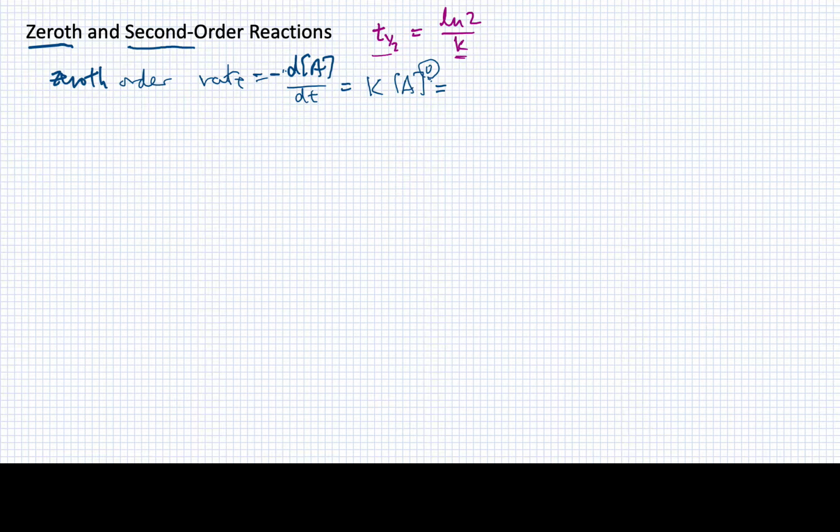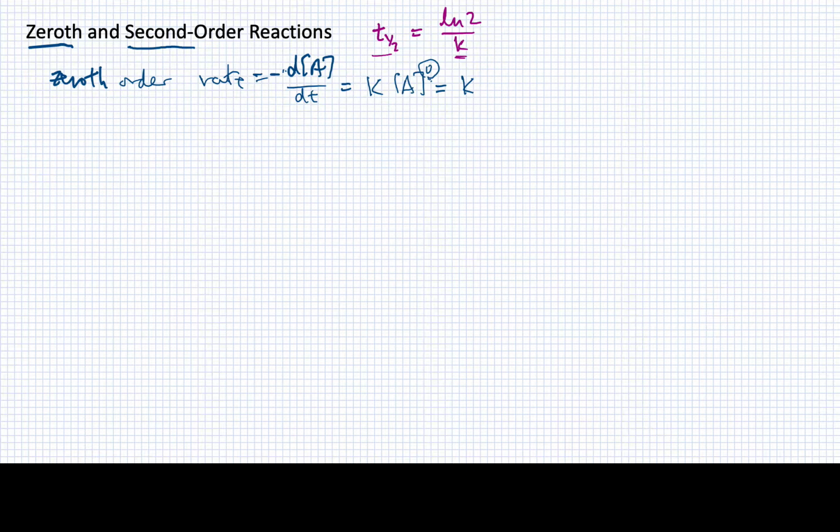But anything raised to the 0 power is just 1, so it's just going to equal k. So what this is telling us is that this reaction has the same rate no matter what the concentration is. You might say, well, how can that ever be? What sort of reaction would that be like? It turns out that certain enzyme catalyzed reactions follow this sort of rate law, so it's not unheard of.